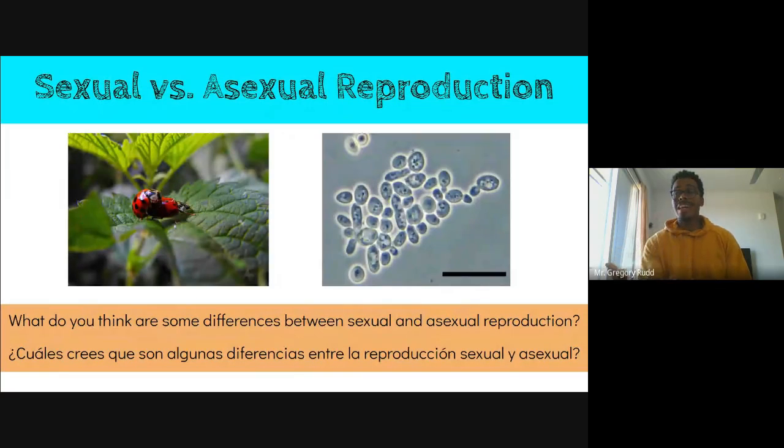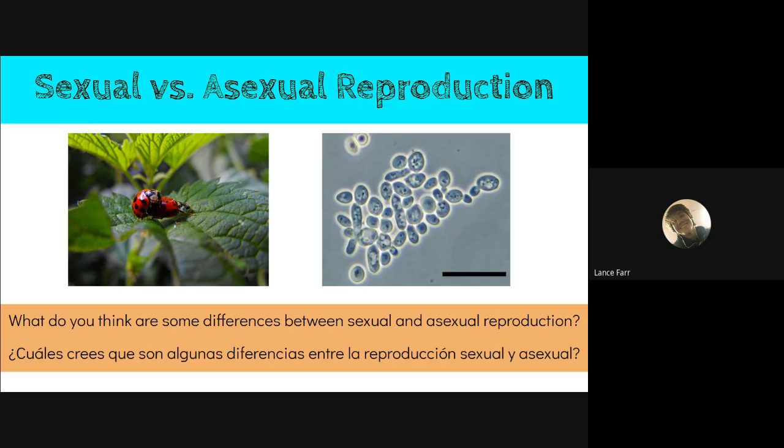Before we do that, do we remember any of the differences between sexual and asexual reproduction? Asexual is where one organism makes a clone of itself, basically, and sexual is where there's two organisms going at it.